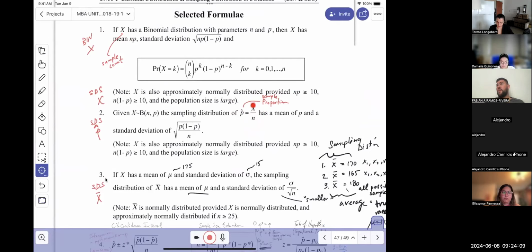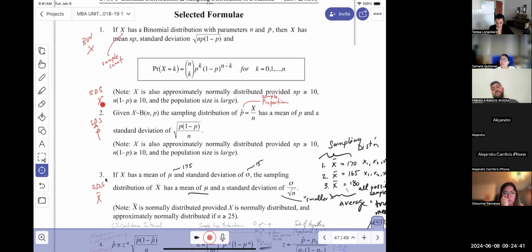This is not a normal x, even though I wrote it down there. I'm trying to remind you where we started before the first test. But if x is binomial and we convert it from the number of successes to the proportion of successes, it has a mean of p and a standard deviation of square root of p(1 minus p) over n. And if it satisfies certain conditions, it becomes approximately normal.